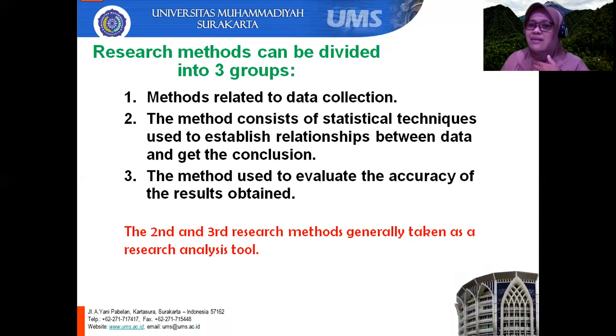The second classification that we must have in our research methods is how to make our data interpretable. It means we need a statistical technique. If we have raw data, we can have it analyzed by a statistical technique.